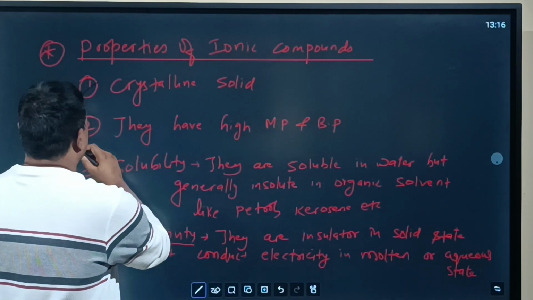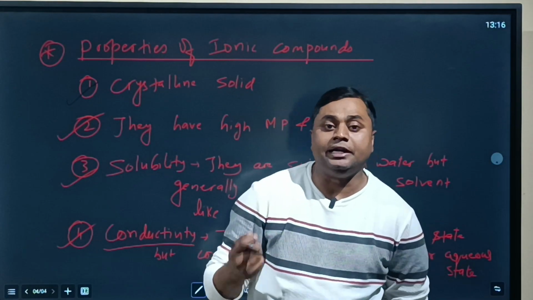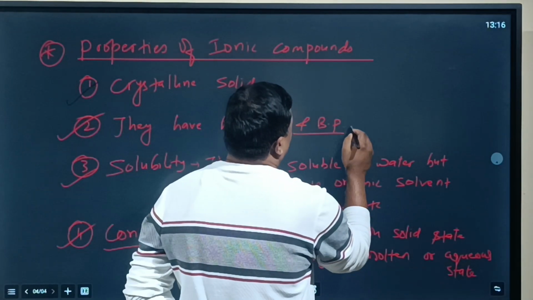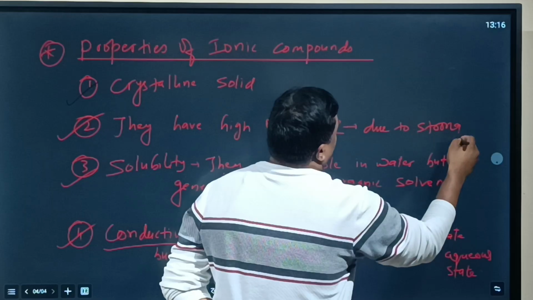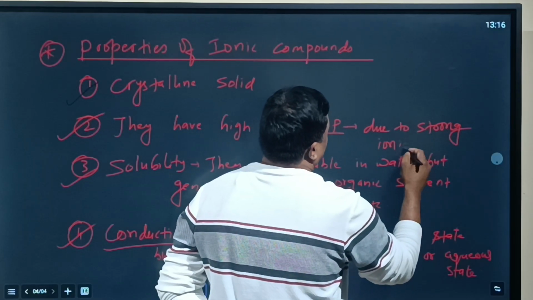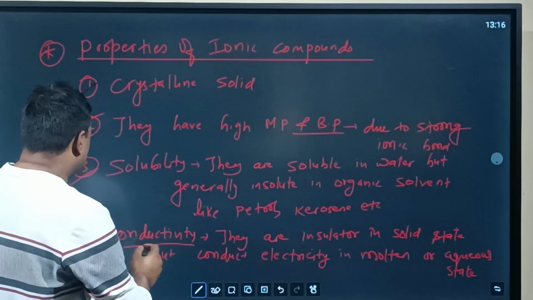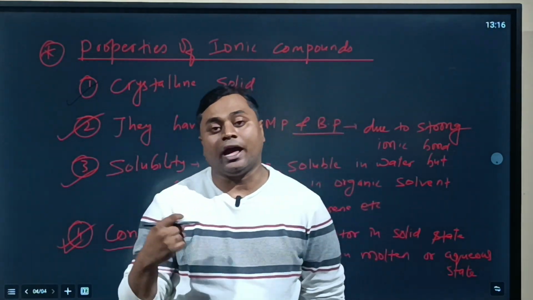Okay, generally the questions asked in the exam are why ionic compounds have high melting and boiling point. The reason you have to say is due to the strong ionic bond. Next question they may ask is why they conduct electricity in the molten state or aqueous state.